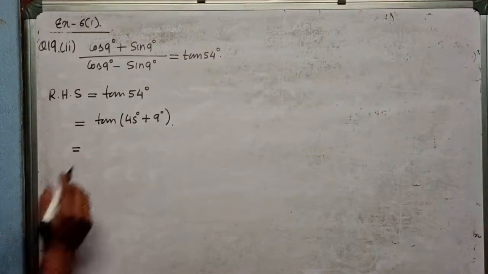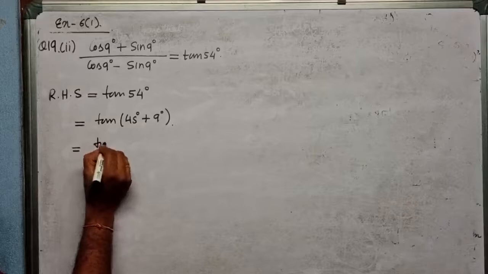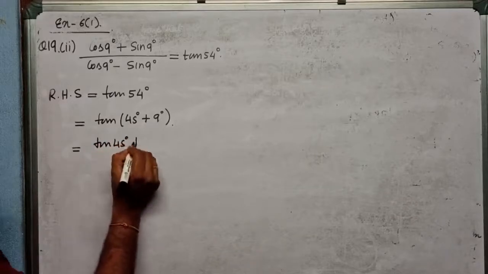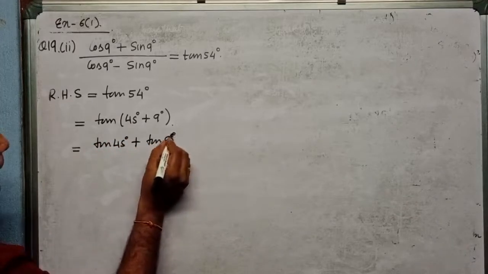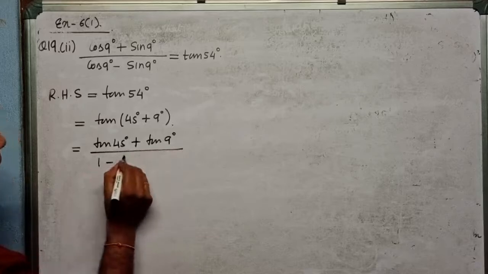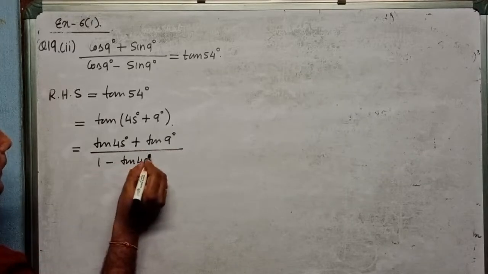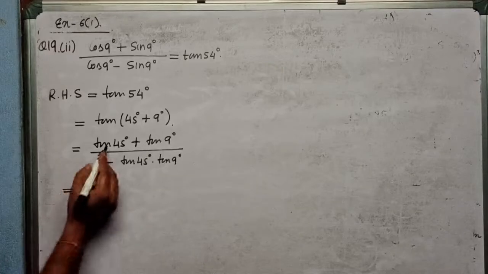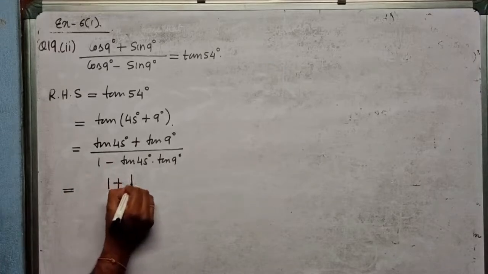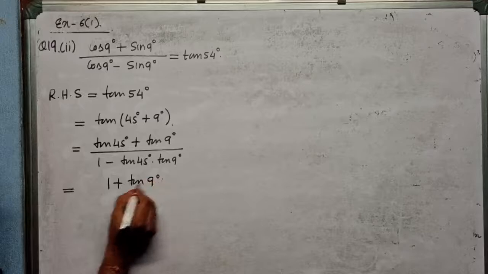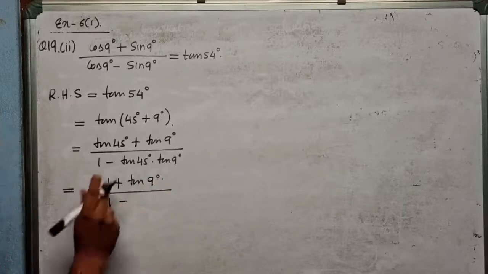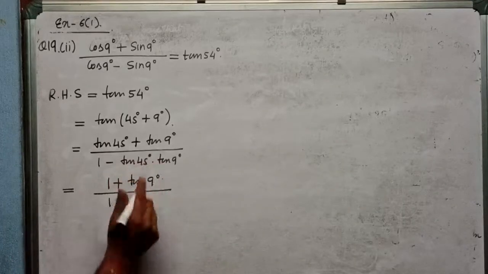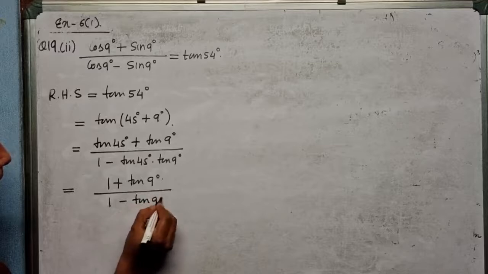Now I'll apply the tan A plus B formula. It will be tan A plus tan B over 1 minus tan A tan B. The value of tan 45 is 1, so 1 plus tan 9 degree over 1 minus 1 into tan 9 degree, which is tan 9 degree.